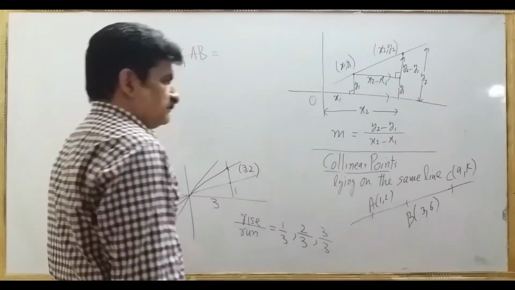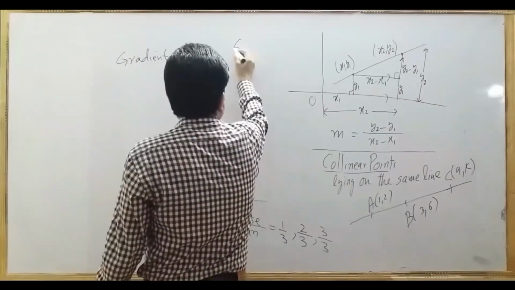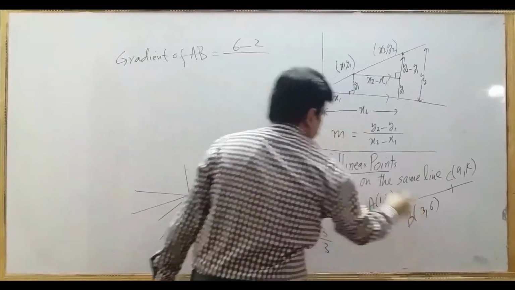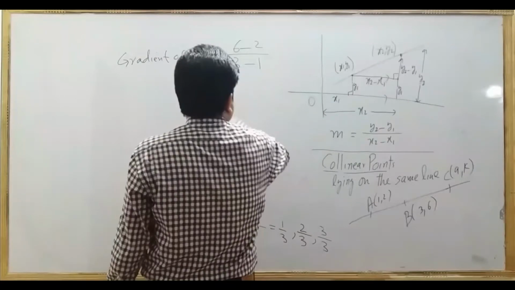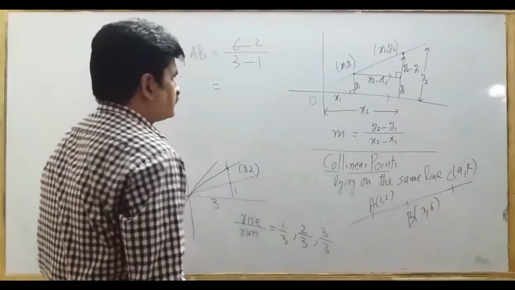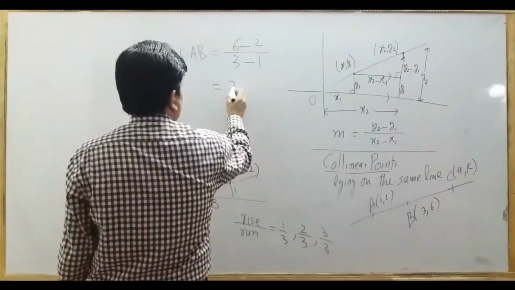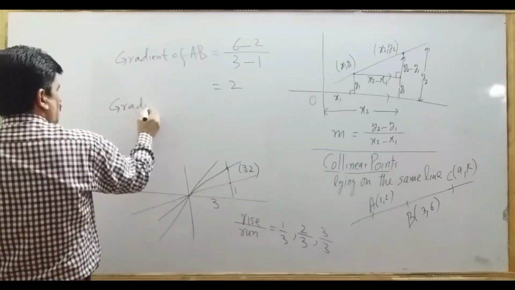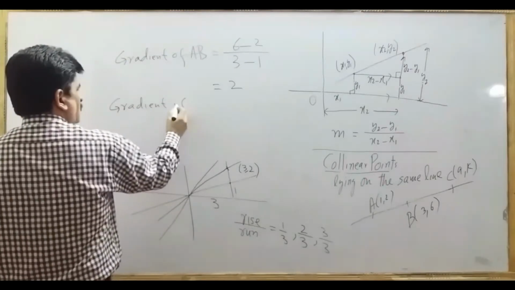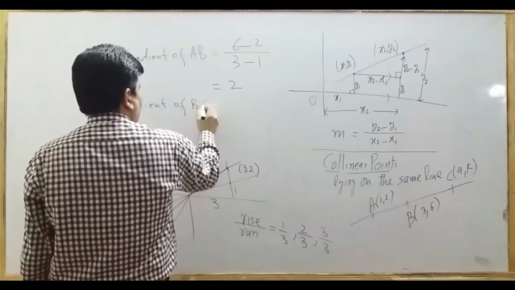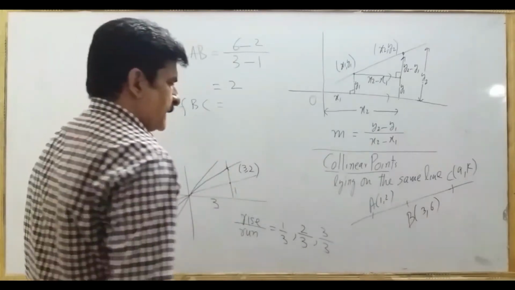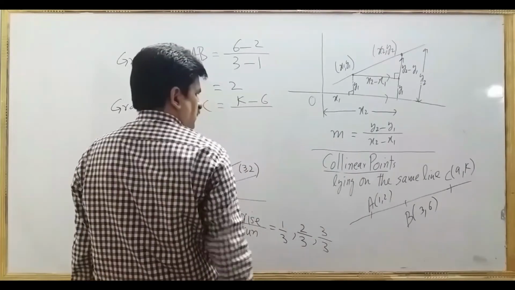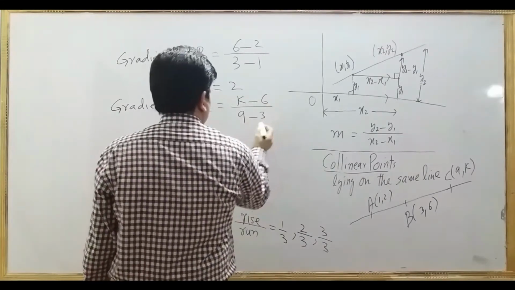Now gradient of AB, 6 minus 2, see y2 minus y1 over x2 minus x1. It is 2. Now gradient of BC, or using BC, it is (k minus 6) over (9 minus 3).